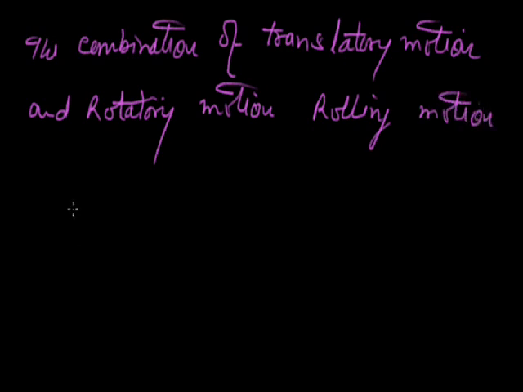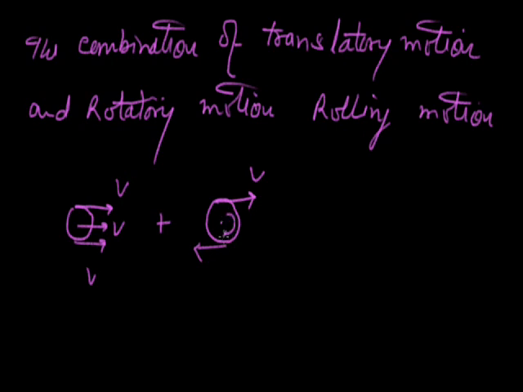That means this one is translatory motion, velocity v, plus this rotatory motion with v, moving in this way. We combine, it gives a rolling motion.